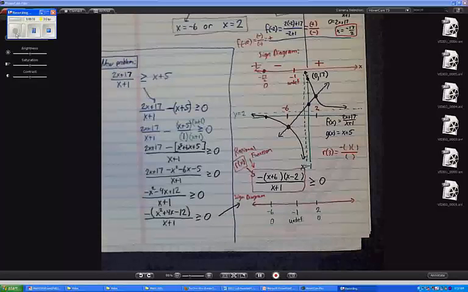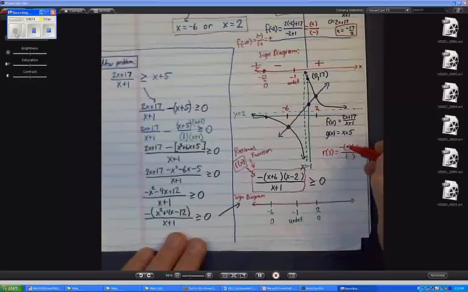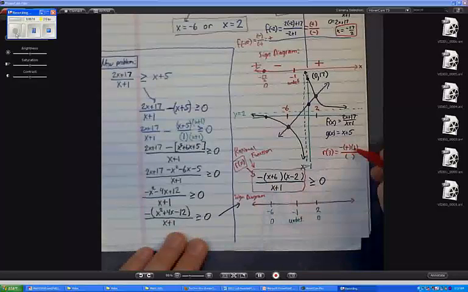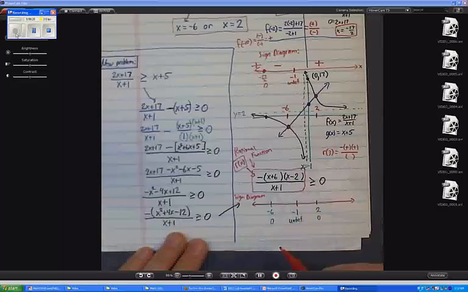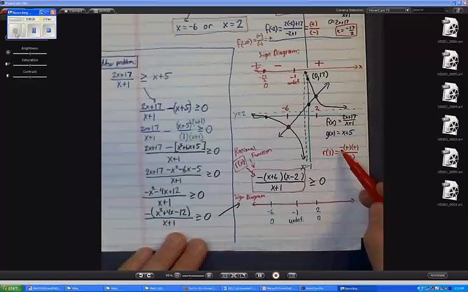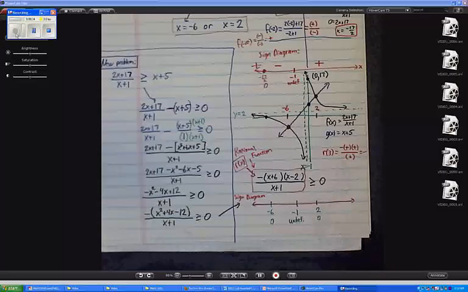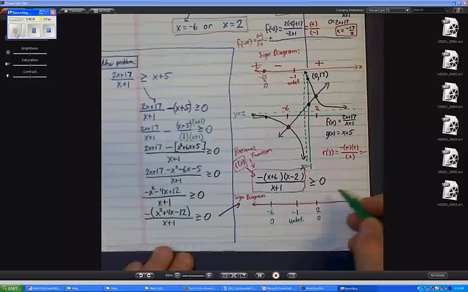And when I put in my 3, I can see that it's going to be a positive number here. 3 plus 6 is 9. A positive number here, because 3 minus 2 is 1. And a positive number there. Right? But, of course, I have that negative sign there. So what does that tell me about r of 3? It is negative. Okay, on my sign diagram, I'm going to list that to this side of 2, we're negative.